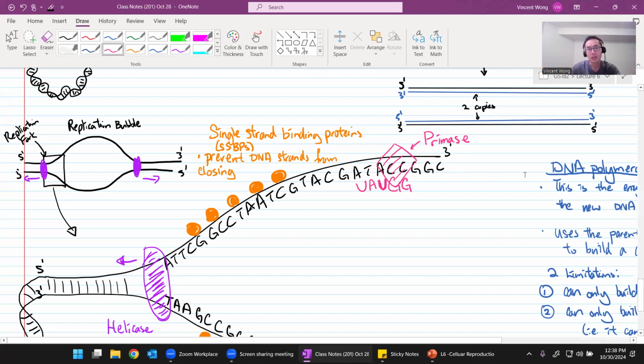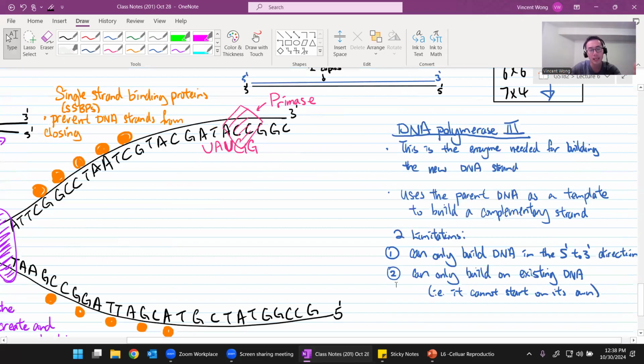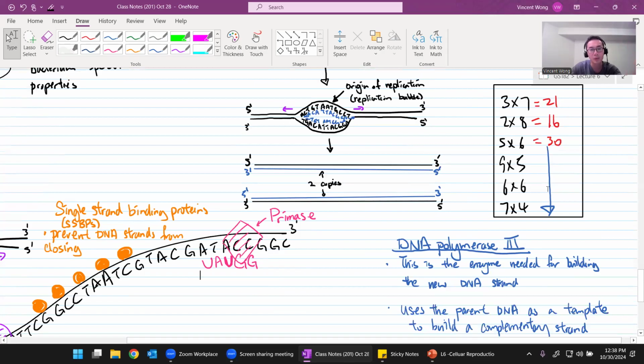Okay. All right. So back to the situation here, right? The DNA polymerase 3 has two problems. The second problem is that it can only build on existing DNA. Like my analogy, my kids are not going to be doing their homework on their own. Someone has to sit down with them and do a few first, and then they would be able to continue the rest of the worksheet.